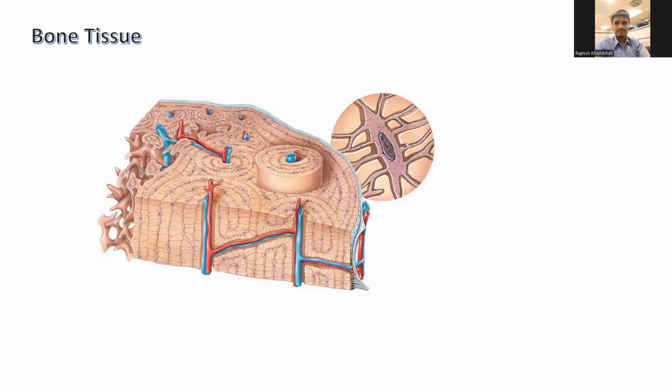Now one more point, that this osteocyte is present in, you can see in the background, this portion, like there is a pit. So this is lacunae. Okay, this is lacunae. This is osteocyte, meaning the cell of the bone, and this is canaliculi.